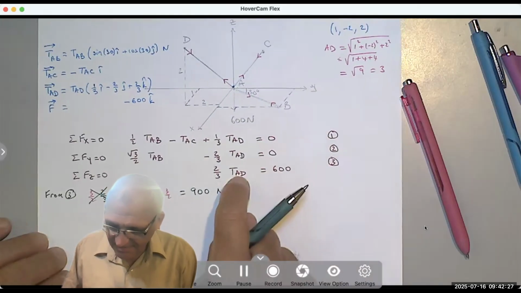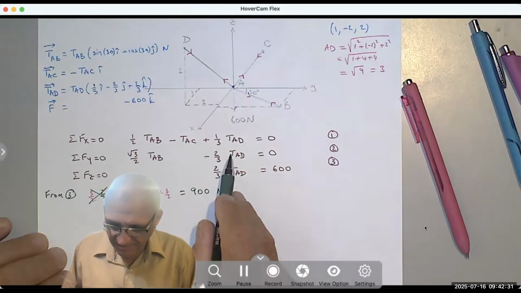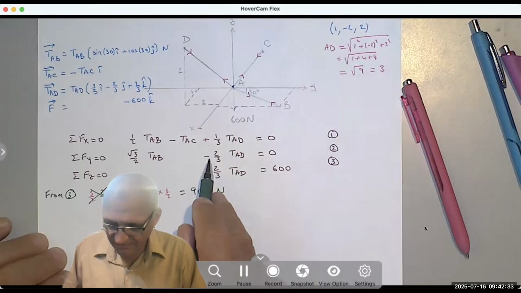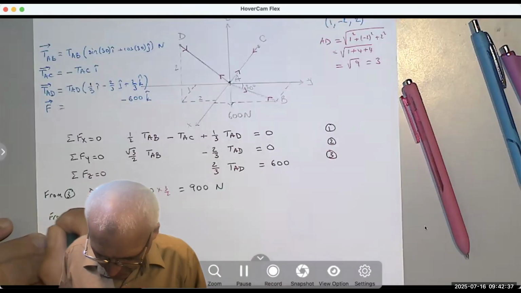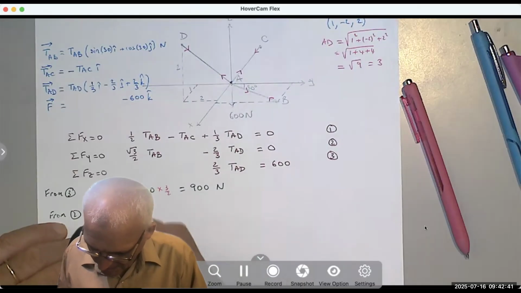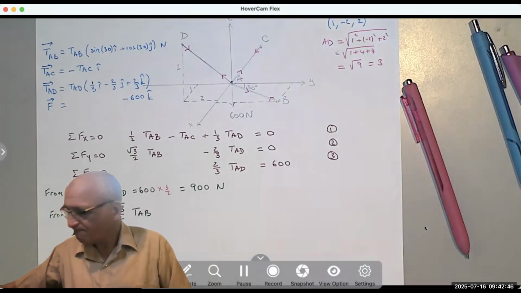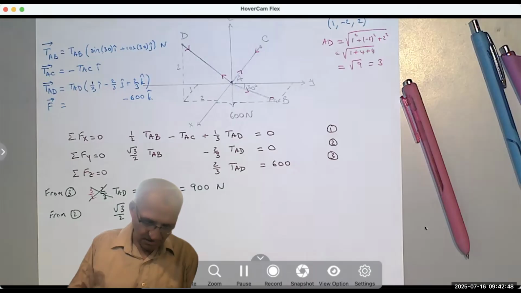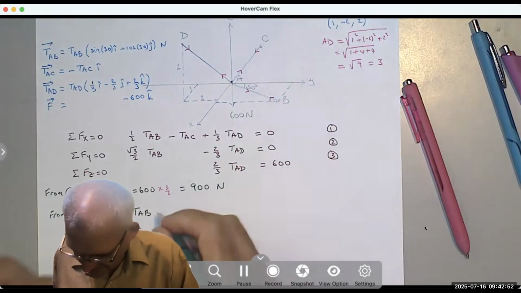Once I know that, this would be -900, right? Because if that's 900, the negative of that is -900. So we can say from 2, you get √3/2 TAB. You can use the calculator. Oh, let's write it first.